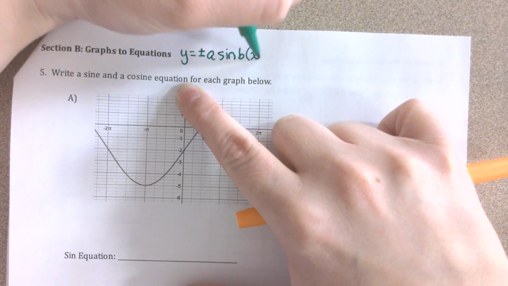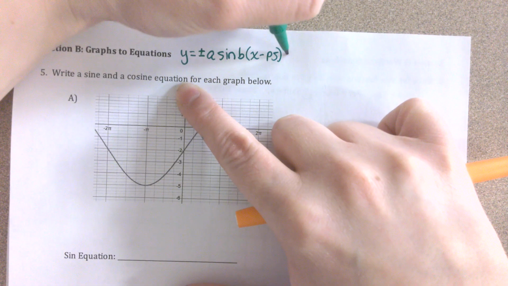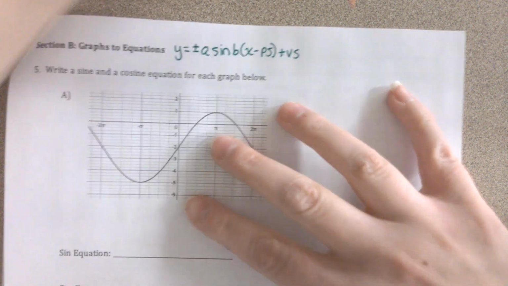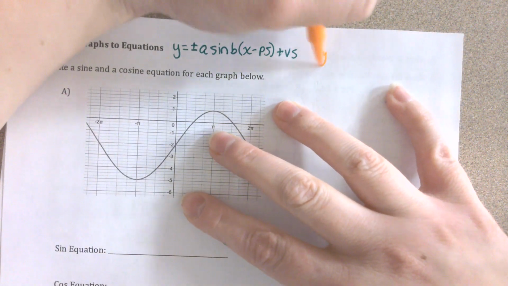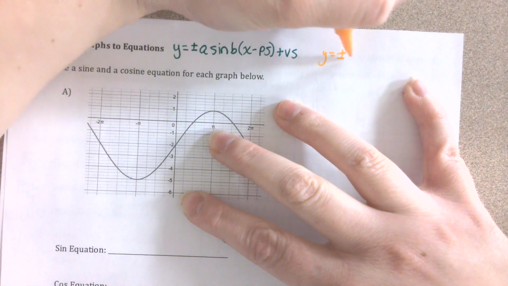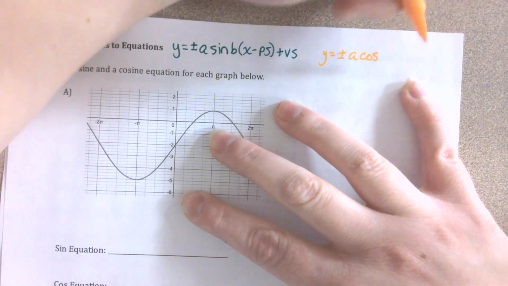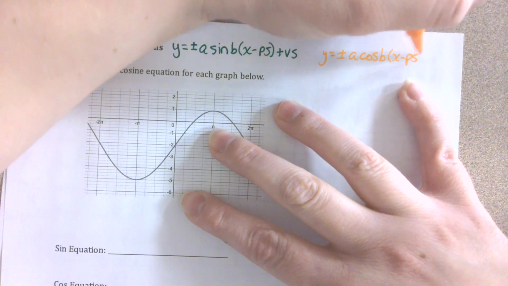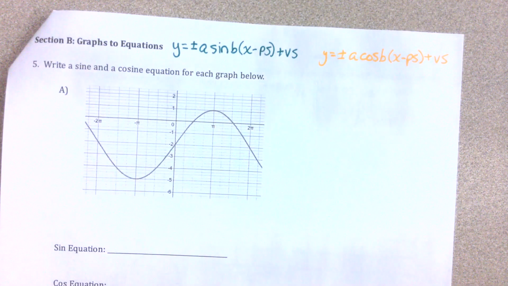In parentheses, we have x minus the phase shift plus the vertical shift at the end. Cosine, of course, is going to be exactly the same, but with cosine, so I'm going to write it again. Y equals plus or minus a cosine of b, x minus phase shift, plus the vertical shift.